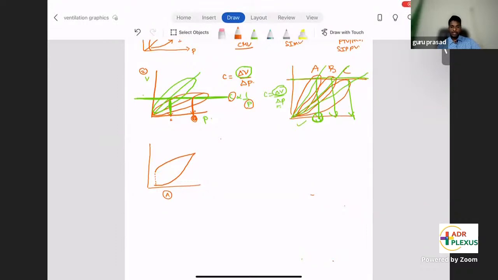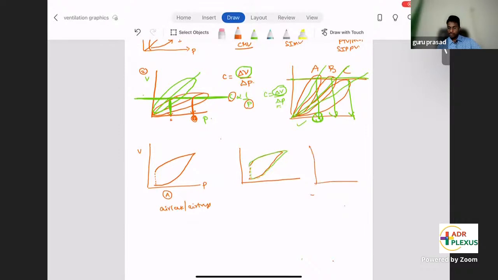Basically, what you should know is that in this volume pressure loop, you cannot tell whether it is an air leak or air trap. It is very difficult. Both times the graph will look like this, so it can indicate both air leak and air trap. But how do you know which it is? If there is a way where two graphs can be compared: if one breath is like this and the next breath is also like this, then it is an air leak.